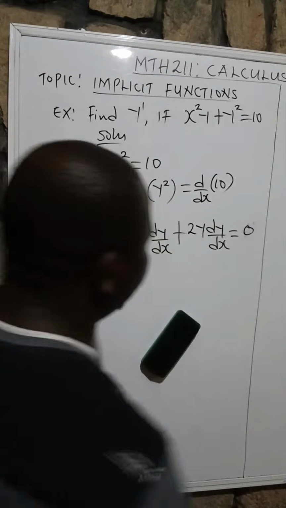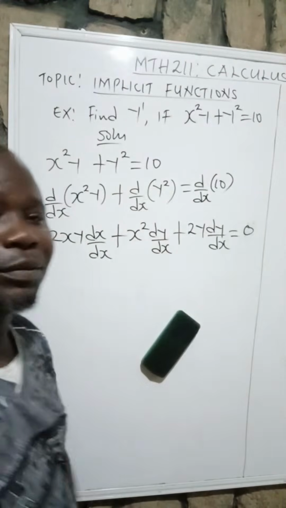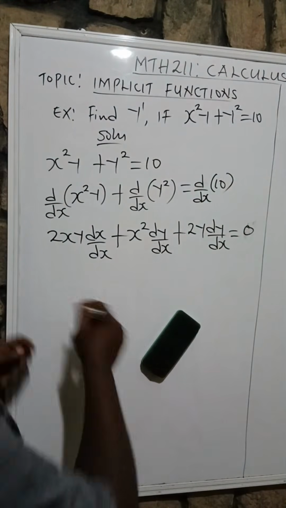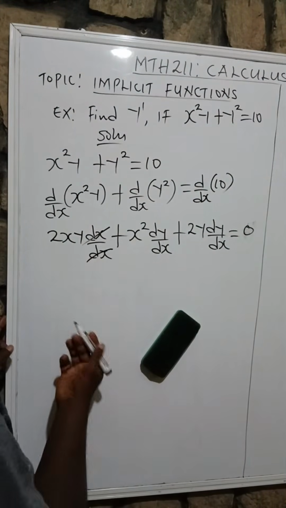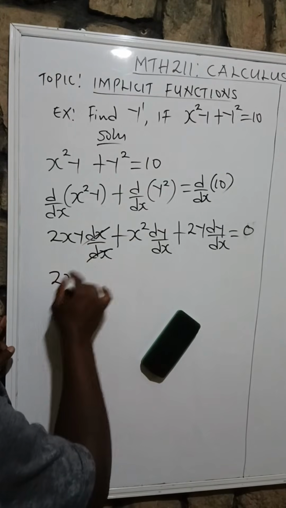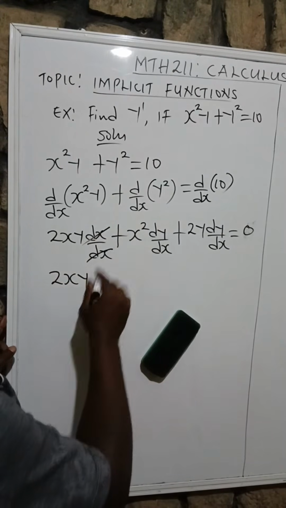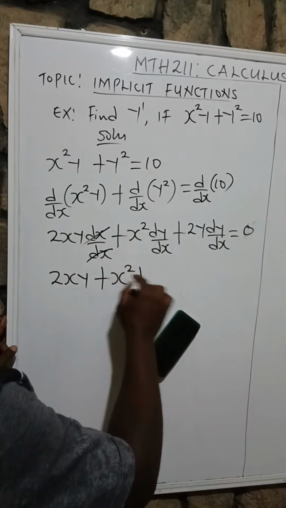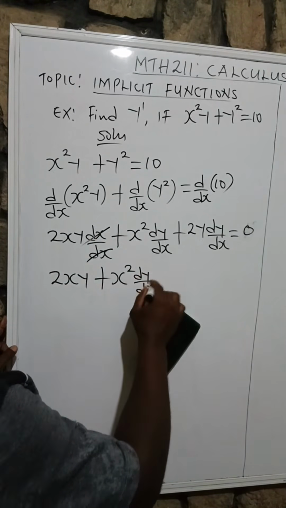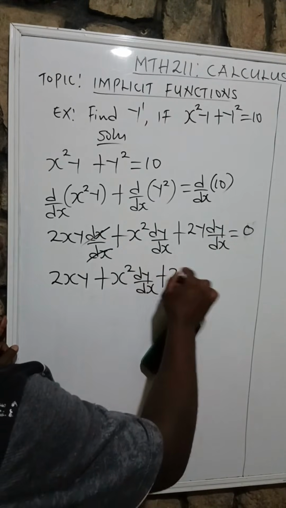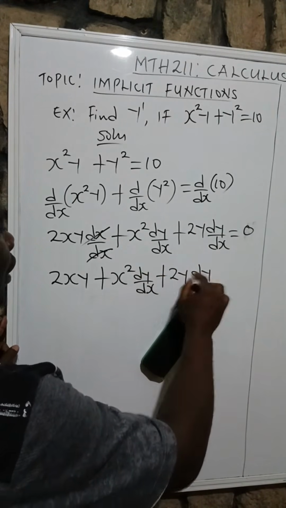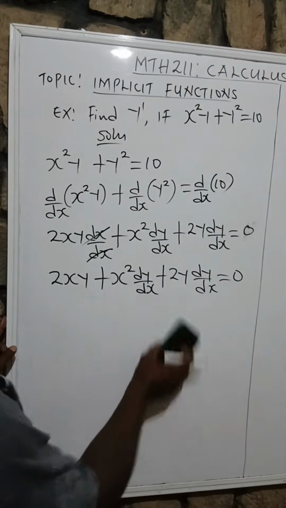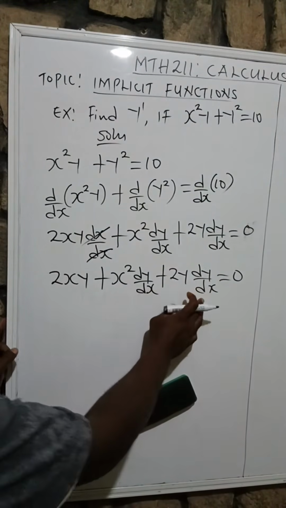So you don't need a prophet to tell you this. Here will be 2xy plus x squared dy over dx plus 2y dy over dx equals 0. So this and this, they are like terms.